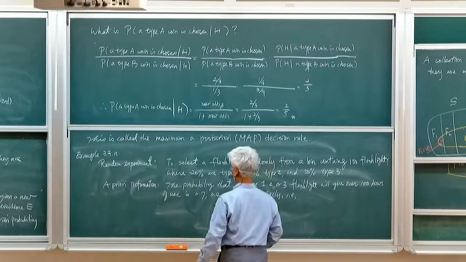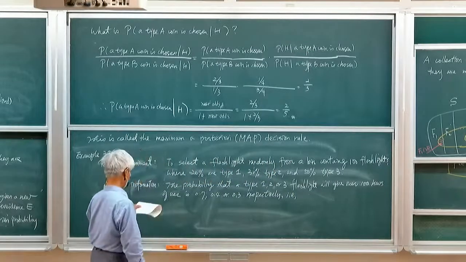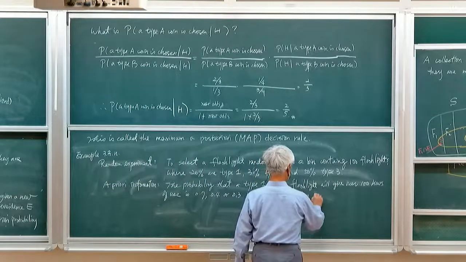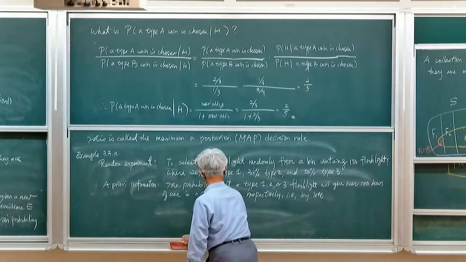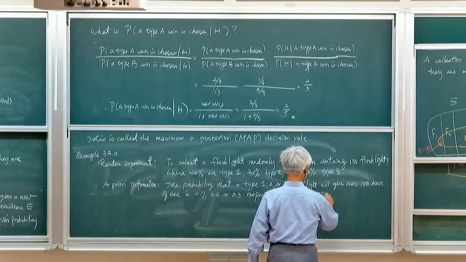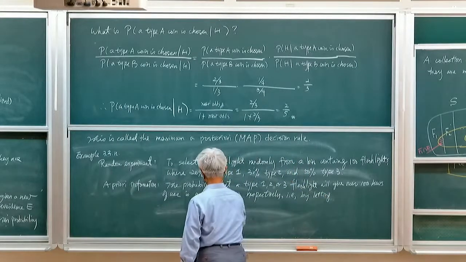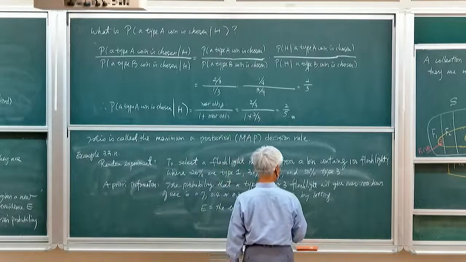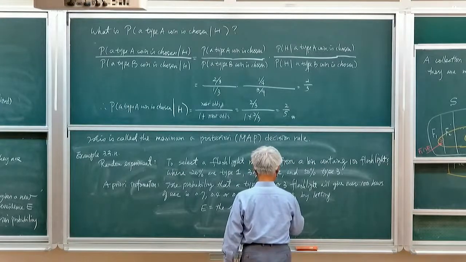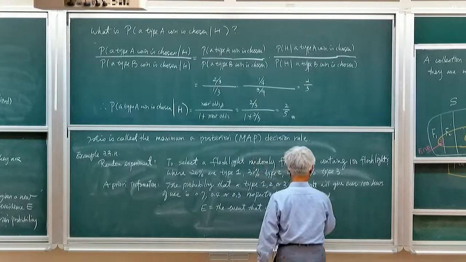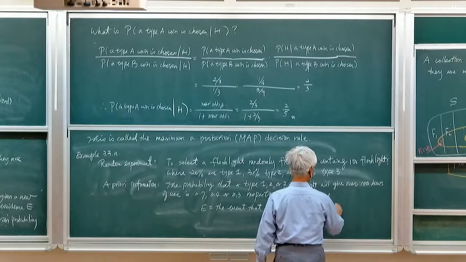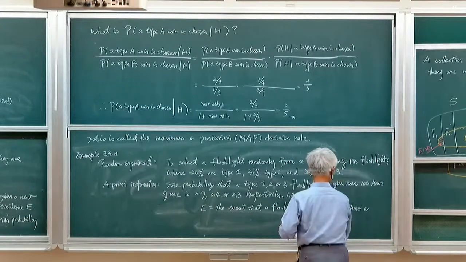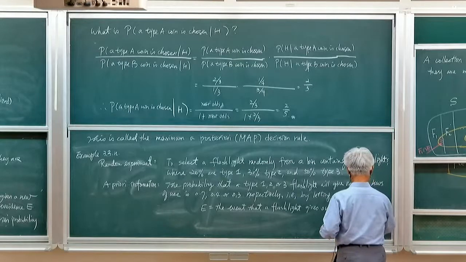I.e., by letting E be the event that a flashlight gives over 100 hours of use.